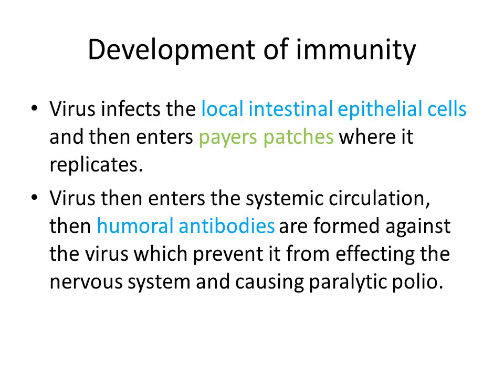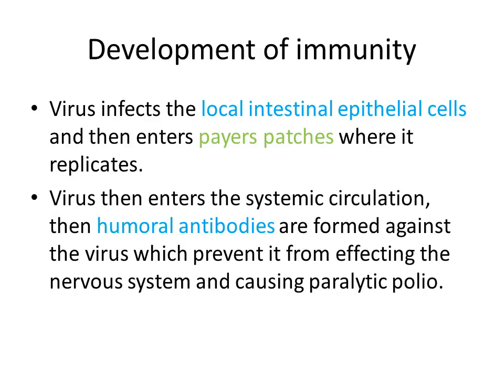From the intestine, it enters the systemic circulation, where humoral antibodies are produced. These humoral antibodies protect the host from vaccine derived paralytic polio.